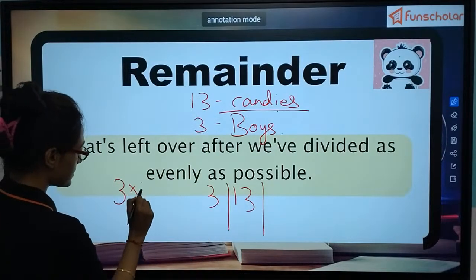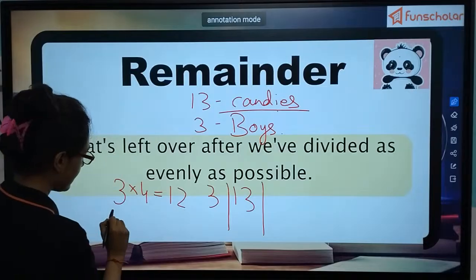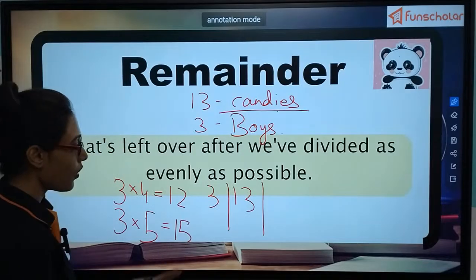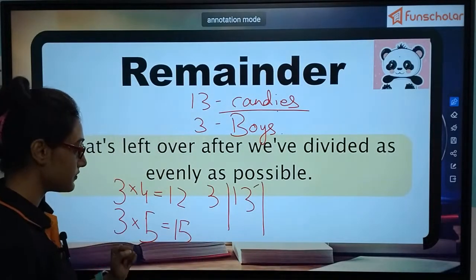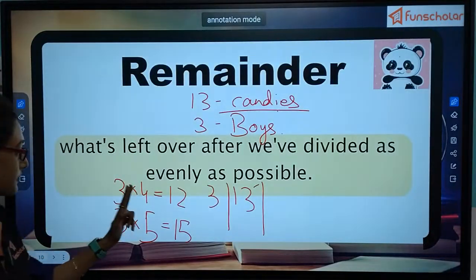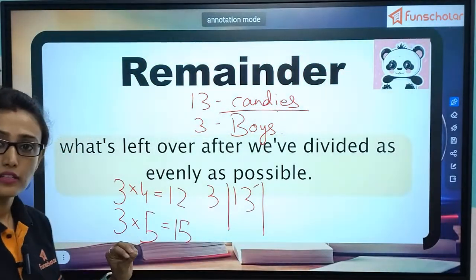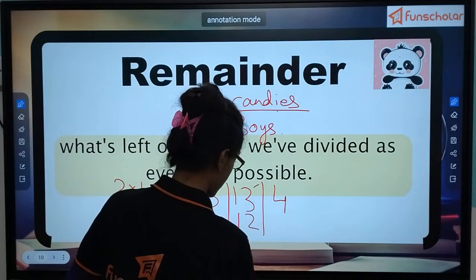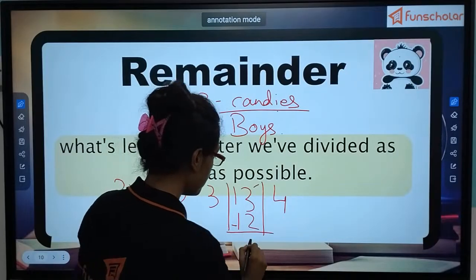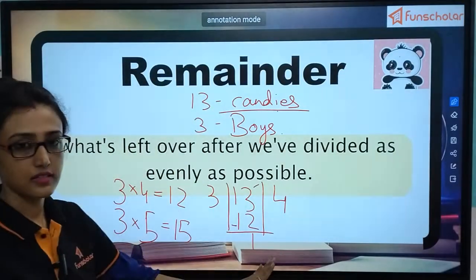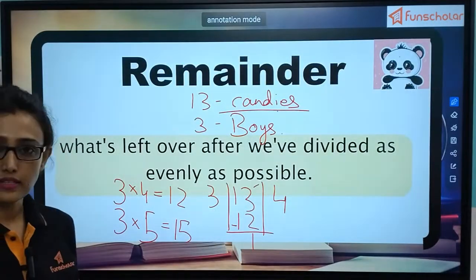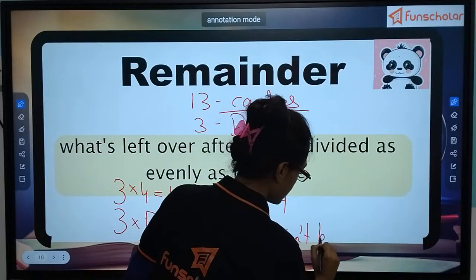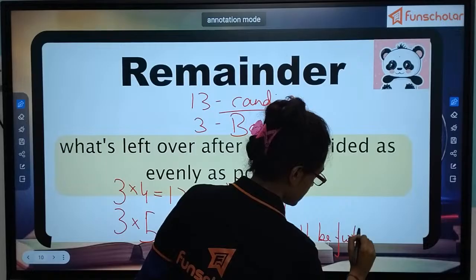Now 3 fours are 12 and 3 fives are 15. So obviously 13 is smaller than 15 but larger than 12. So we have to take the nearest number in case of division. So 3 fours are 12. If we subtract it, what will come? 1 in the last. Now this 1 is smaller than this number, so this can't be further divided.